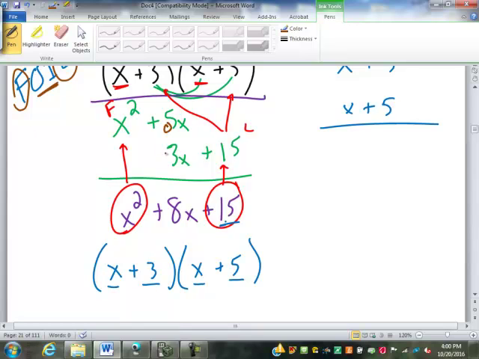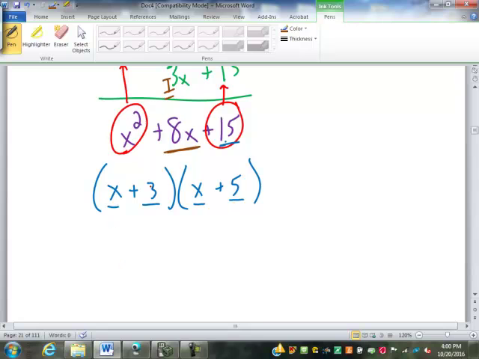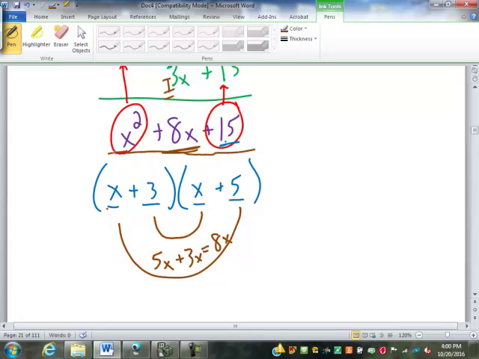The outside and the inside is where the 8 came from. It's the outside plus the inside. So let's check. On the outside, I have x times 5, which is 5x. On the inside, I have 3 times x, which is 3x, which adds to make 8x, which is what I want. So that is telling me this is the proper factoring.